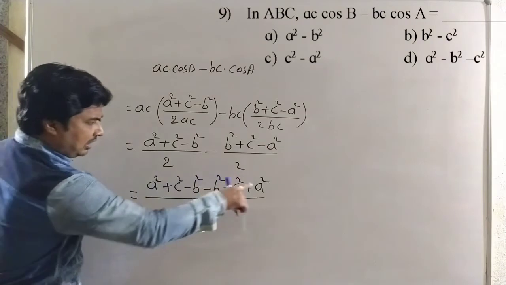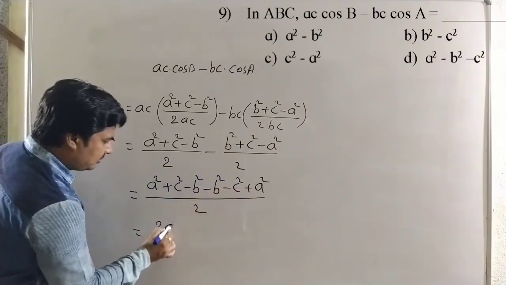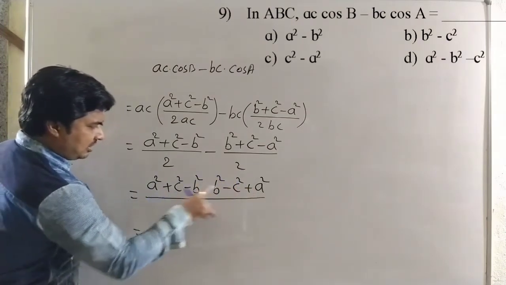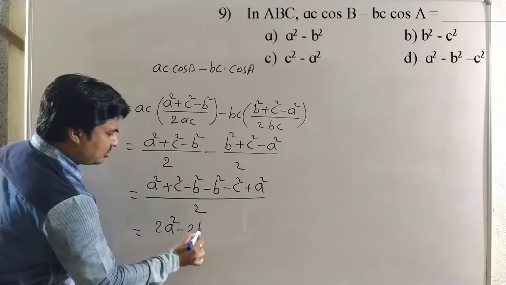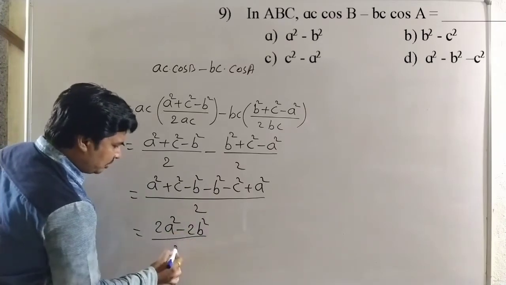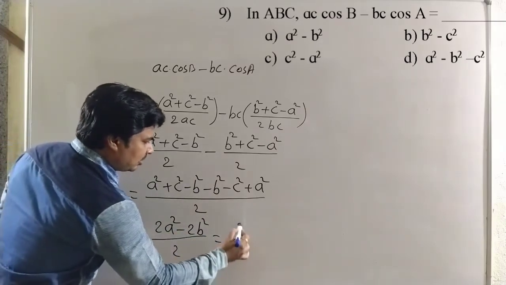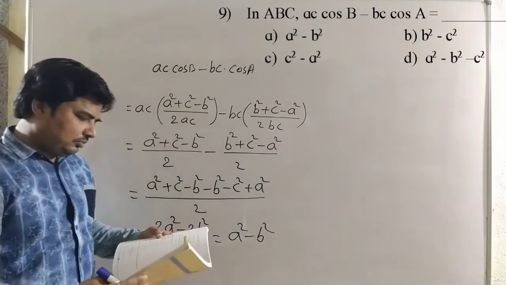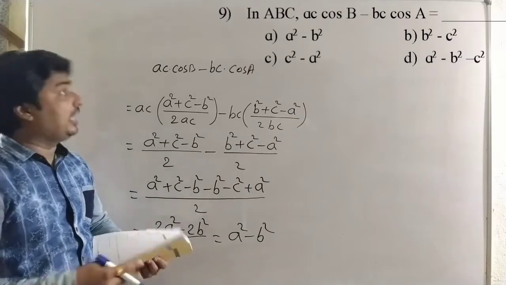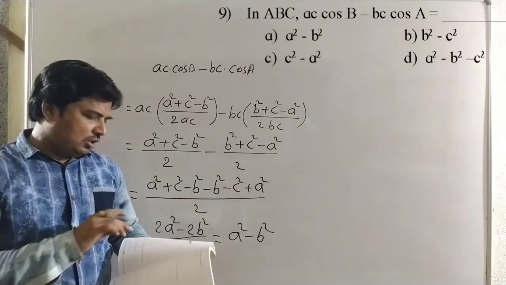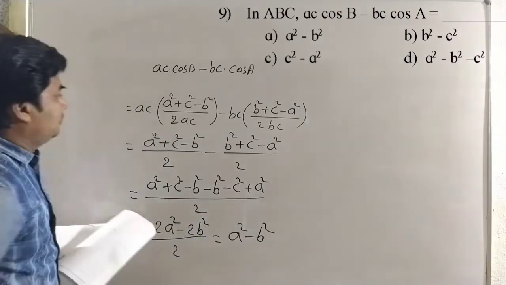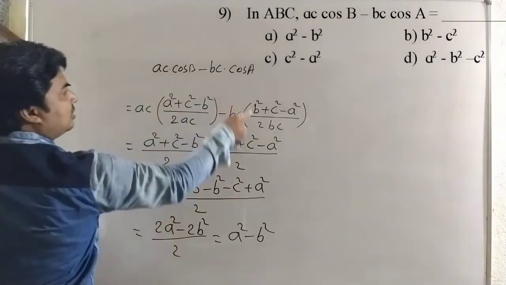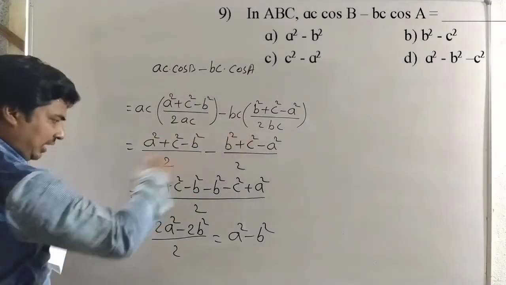Then a square and this a square, it is 2a square. c square get cancelled. Then minus 2b square and upon 2. Then 2 take common and get cancelled. It is a square minus b square. It is option A. Okay, see carefully. Here we use the cosine rule, cos B and cos A, and then straight calculation.